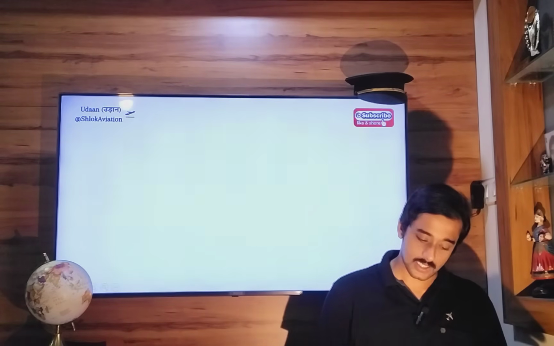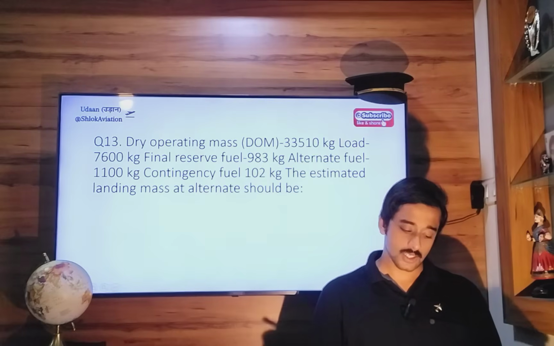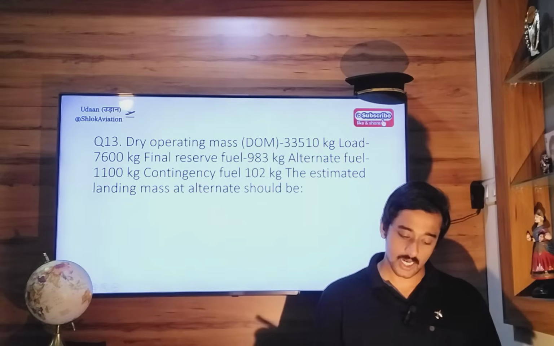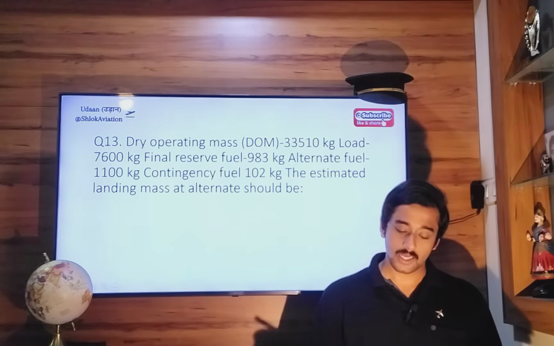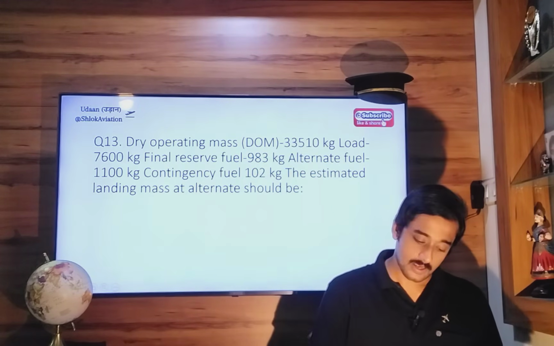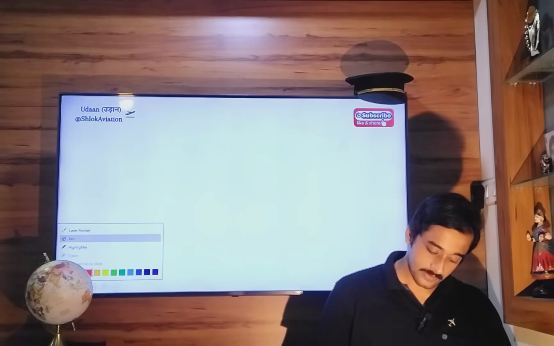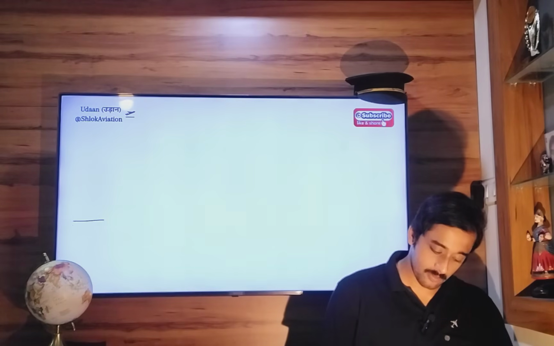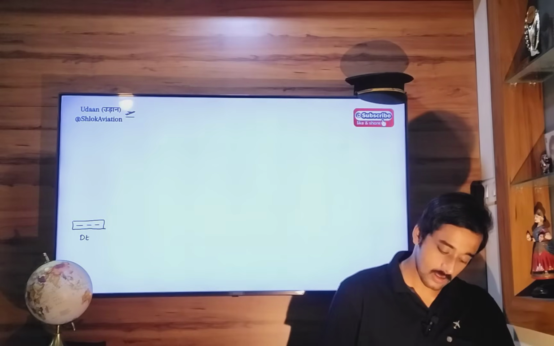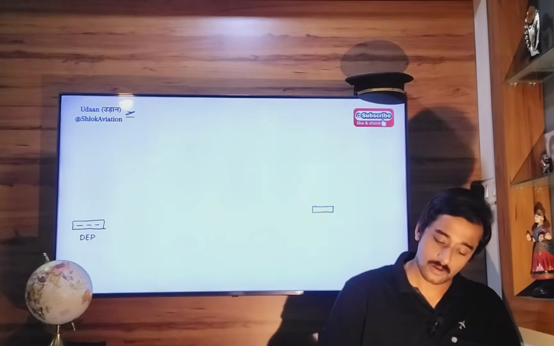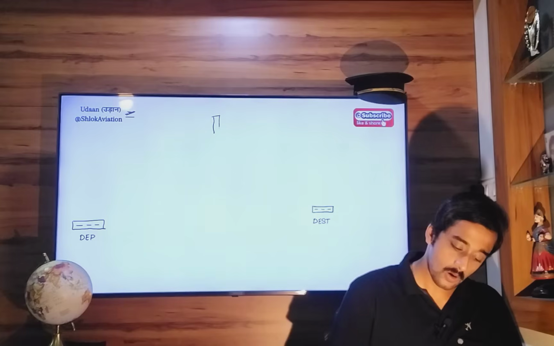Next, dry operating mass is given, payload is given, reserve fuel, alternate fuel, contingency are given, estimated landing mass at alternate aerodrome. Okay, at alternate aerodrome will be what? So let's say this is your departure airport. This is your destination airport, and this is your alternate airport.